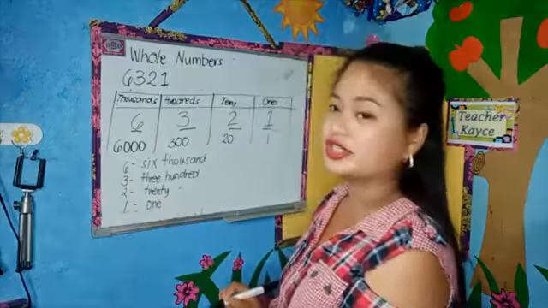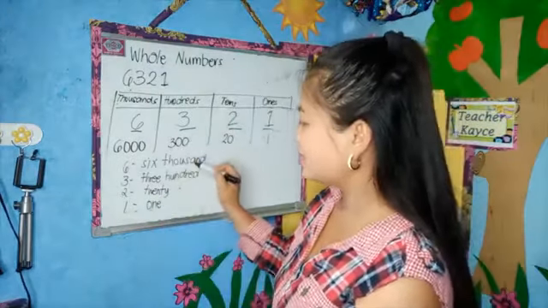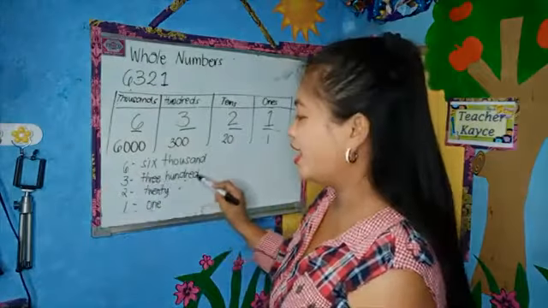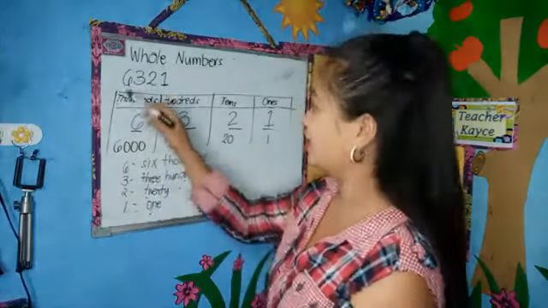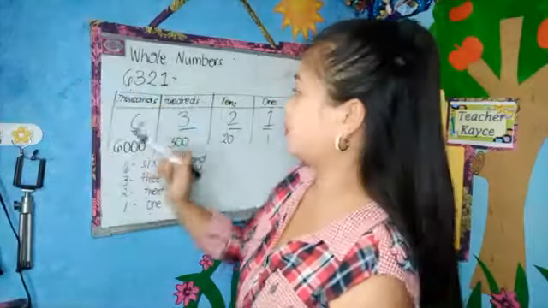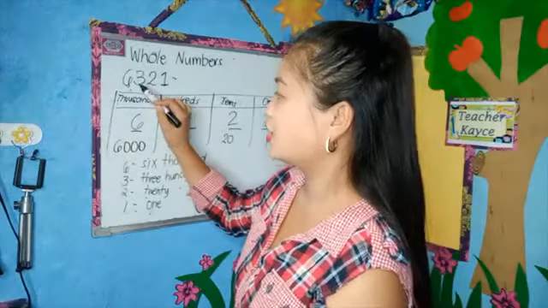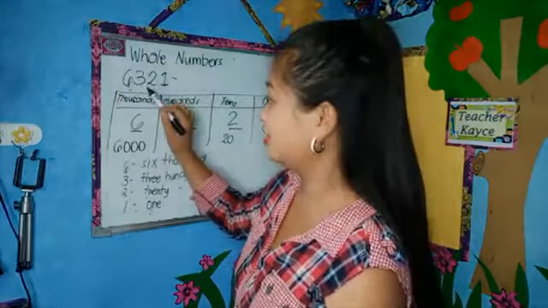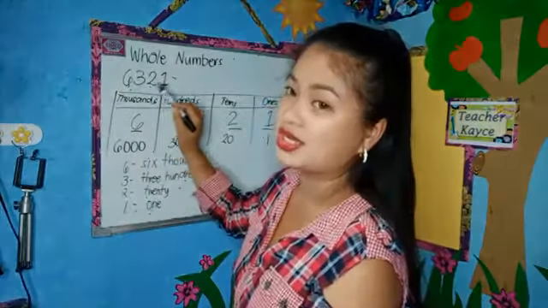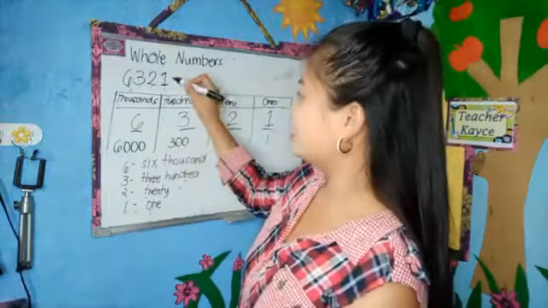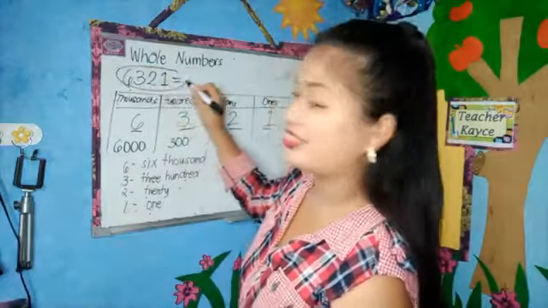So let's read it: 6,321. So that's your whole number.